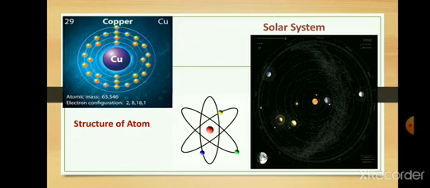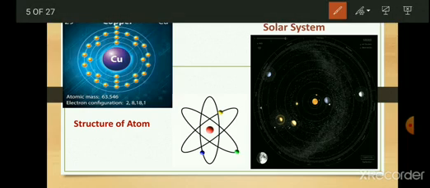Students, in the universe, all the matter is made up of atoms. Similarly, the good conductors like copper, gold, silver, aluminum are all made up of atoms. This atom consists of three subatomic particles. Two are present in the center of the atom, that is called the nucleus. One is the proton, a positively charged particle.